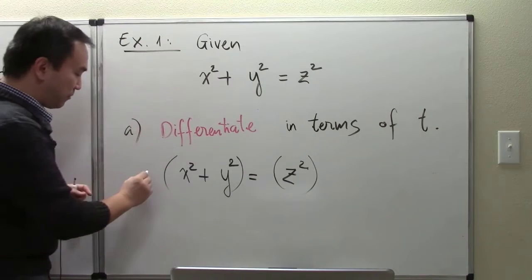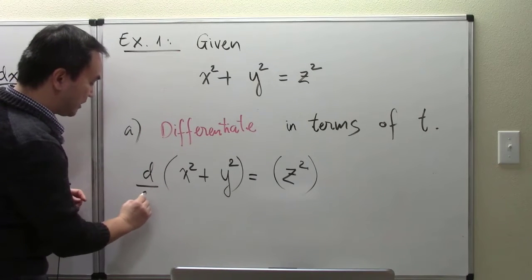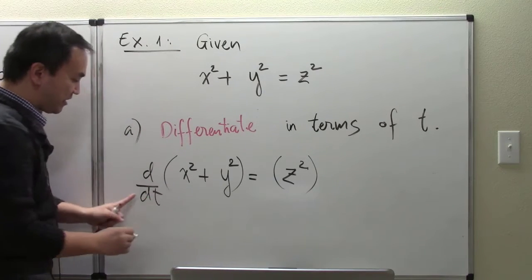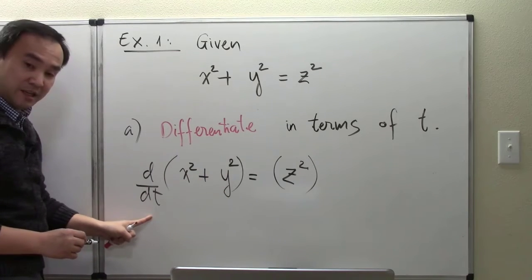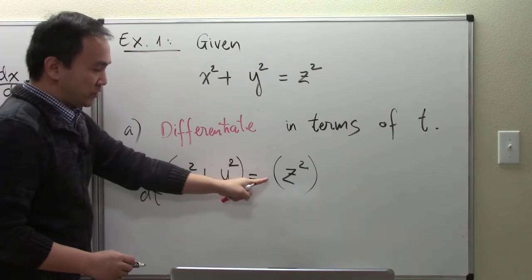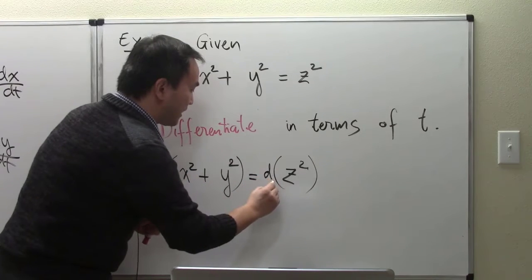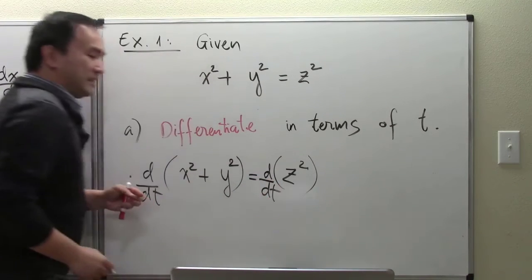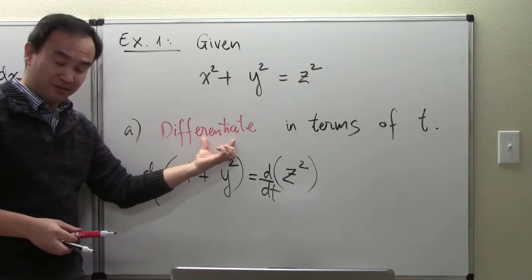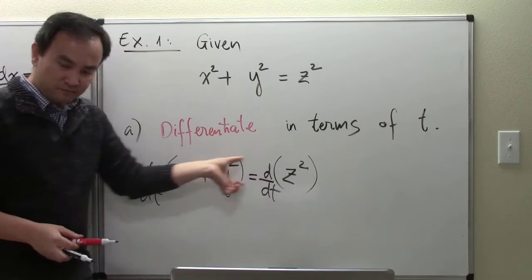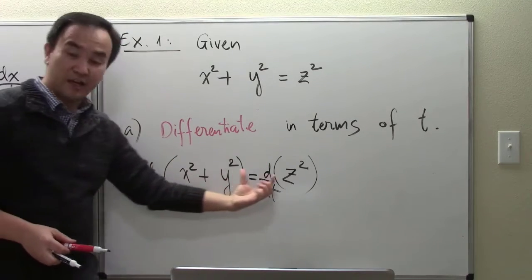Let's apply the differentiation operator. I am going to differentiate the whole left-hand side in terms of t, and then differentiate the entire right-hand side in terms of t again. That's what it says, differentiate, right? That's why I'm applying this operator to both sides.